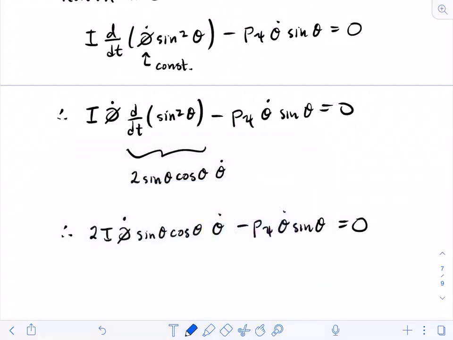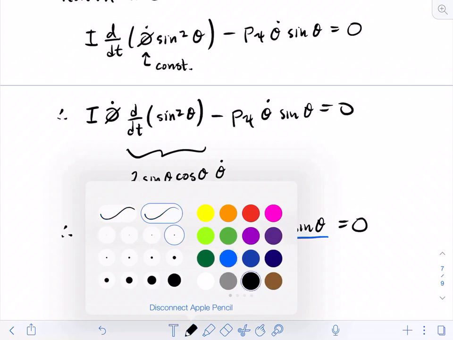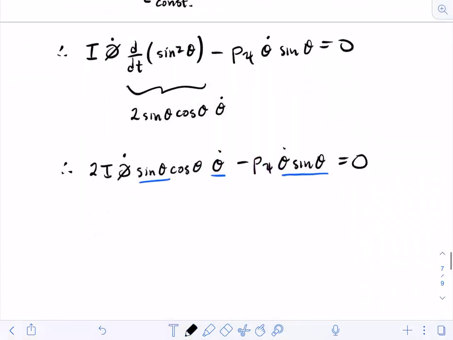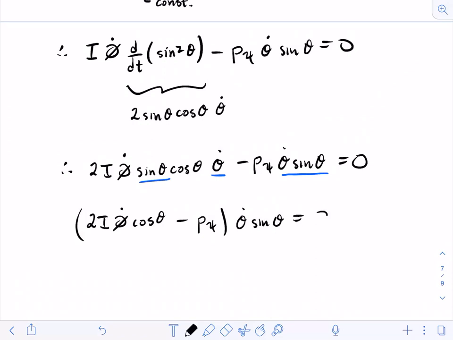So there are some common factors. We have a theta dot sine theta, and we have a theta dot sine theta. Okay, so we have 2I phi dot cos theta minus p psi, and then we have theta dot sine theta is equal to 0.